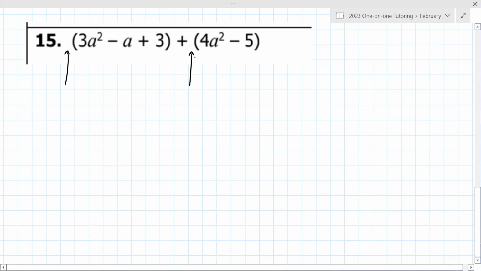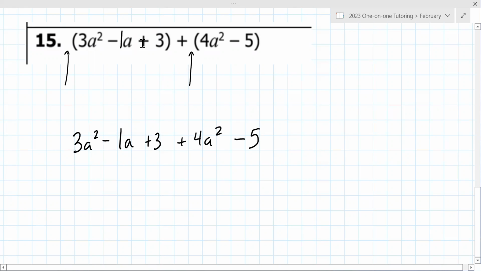Like, is there a subtraction? Is there a number in front? Nope, there's nothing in front of it. Right. So you're going to just drop the parentheses. Now, before we do that, though, there's really a 1 in front of the a. It's minus 1a. And sometimes it's good to write that, especially if you haven't seen this in a while or if this is the first time that you're seeing it.